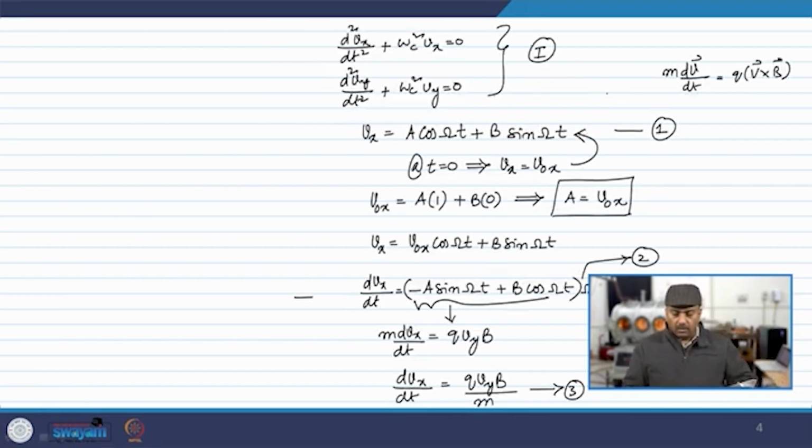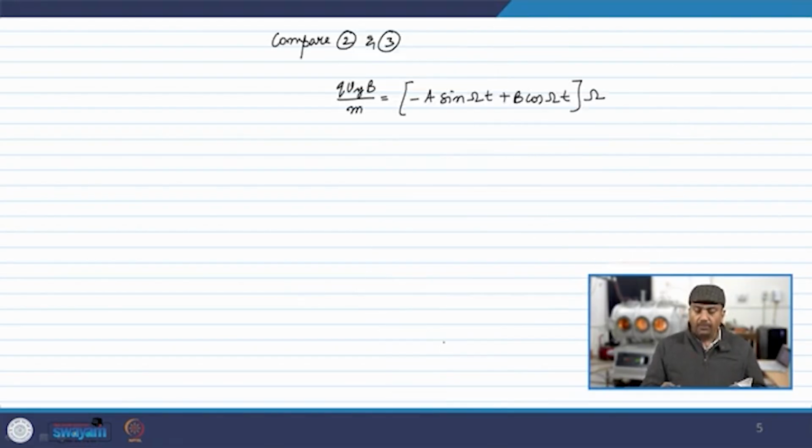Did I change anything? No. We have dVx by dt, all of this. Omega came out because we took a derivative of the velocity, right? Fine. So, dVx by dt is q v b by m. That is what I have written here, right. Now, q b by m as we know can be equal to omega.